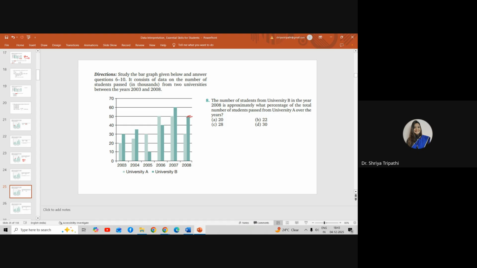So percentage means into 100 of the total number of students passed from University A over the years. Take your time, respond in the chat box.